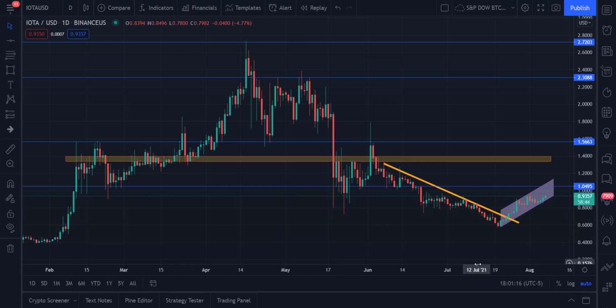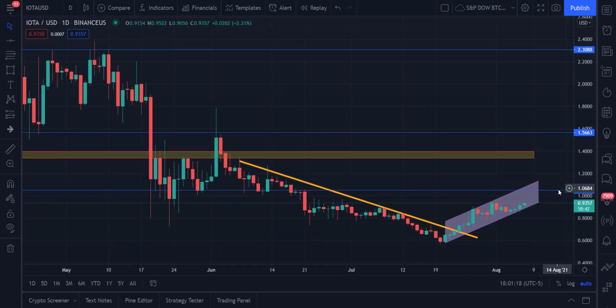So I would fully expect us to go ahead and get above this 104 level, 105 level. I wouldn't be surprised if this sort of 133 to 140 level ended up playing resistance as well. Next stop, if we get above that, I'd look for 156.